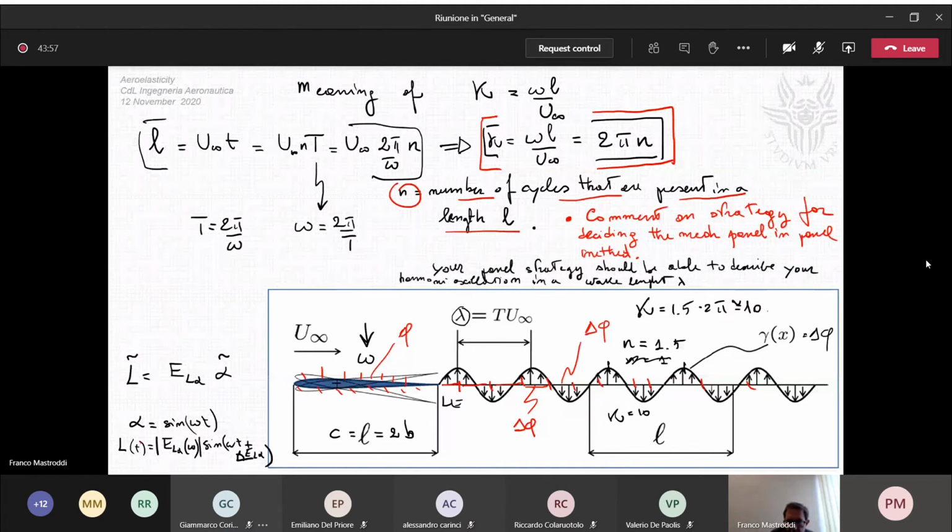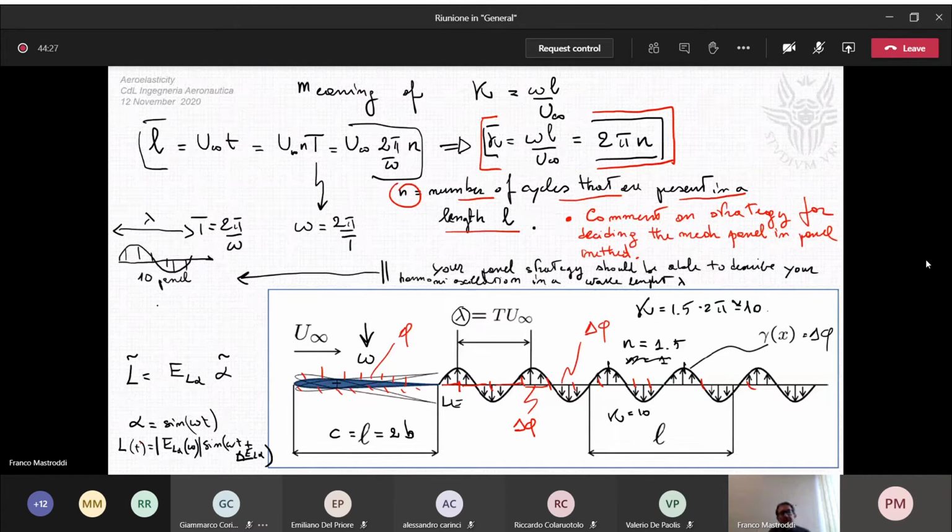And this means that, for example, if you decide to describe your wave in lambda by 10 panels minimum, so 10 panels.